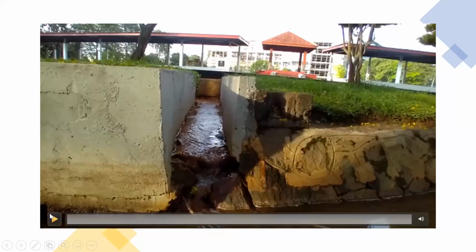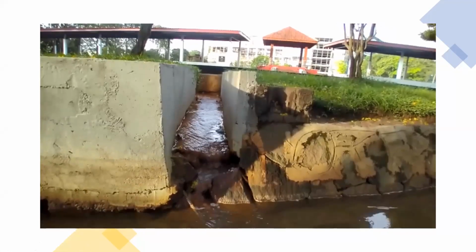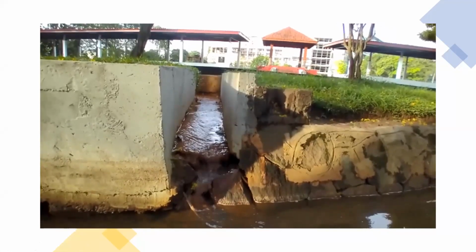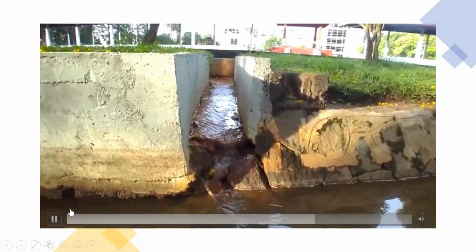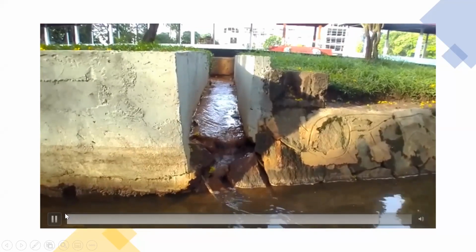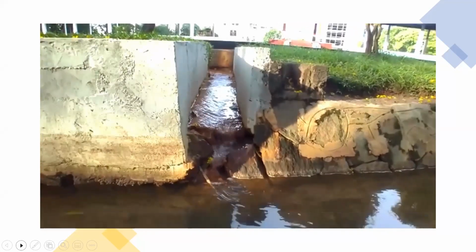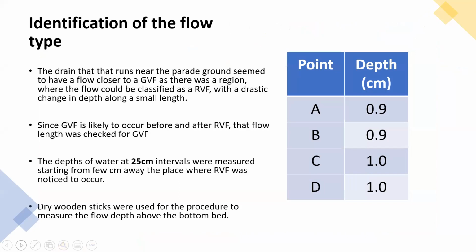So here I have included a video of the gradually varied flow that we observed. Also, a gradually varied flow could typically occur in a prismatic channel with a very small bottom slope.